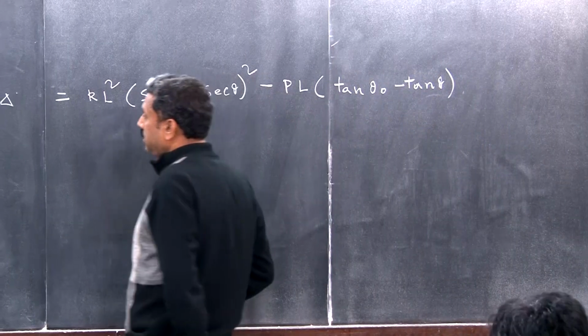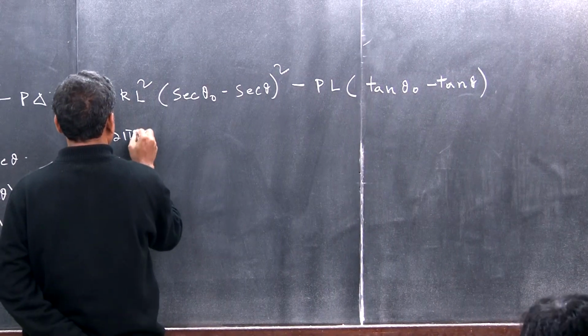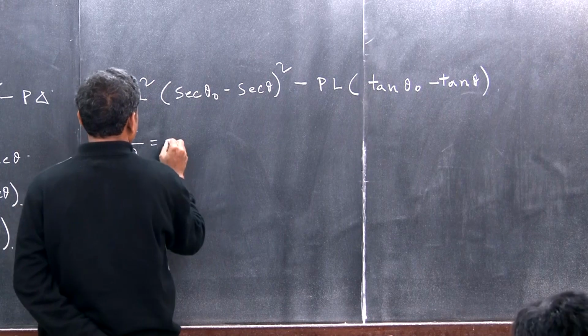So, now we will see the equilibrium configuration, del pi del theta is equal to 0 for the equilibrium path.